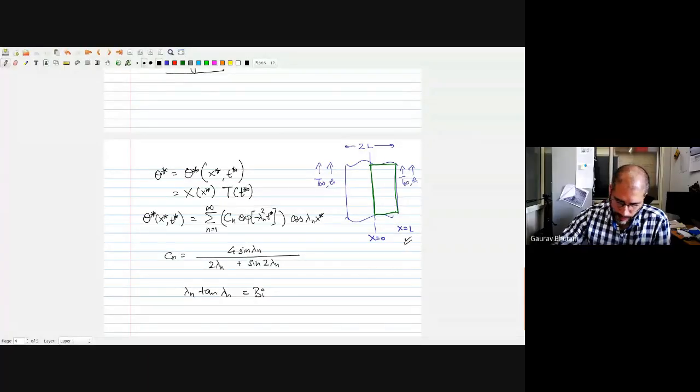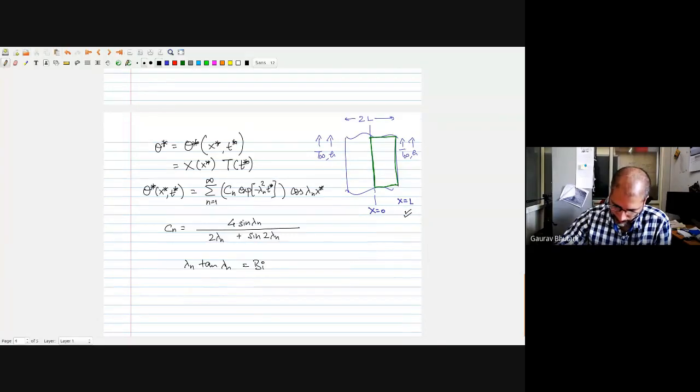Let me share my board again with you. Okay, so coming back now, this equation that we have for theta star is applicable for all values of t star. In fact, if we just see these two terms, remember we earlier said that we have theta star written as a product of a function of x star, which is my capital X, and t star.